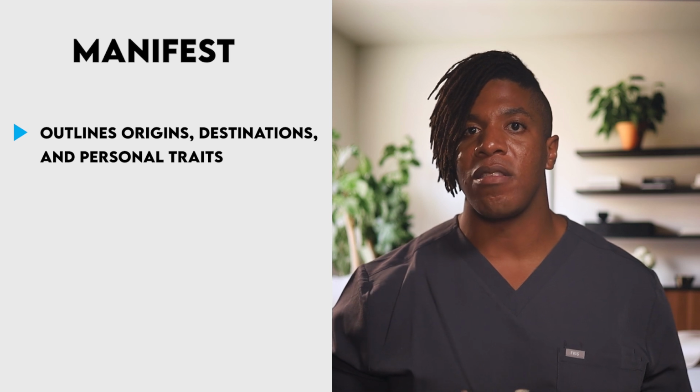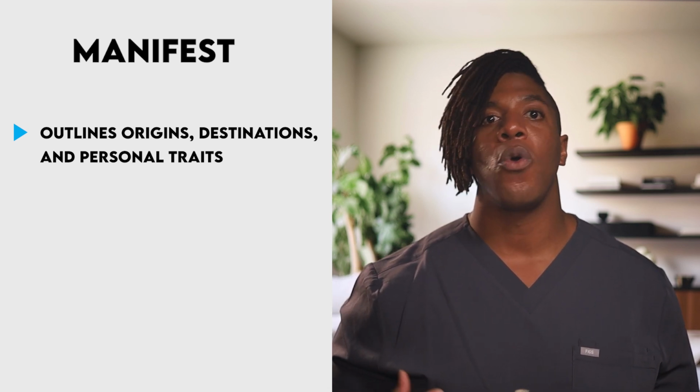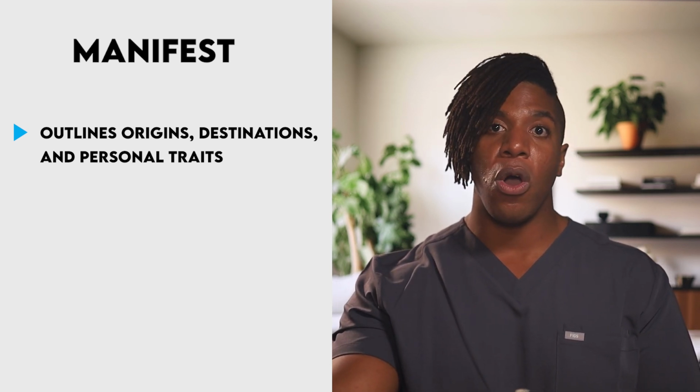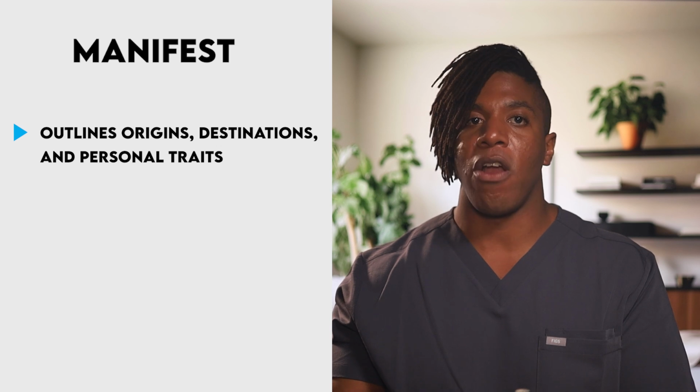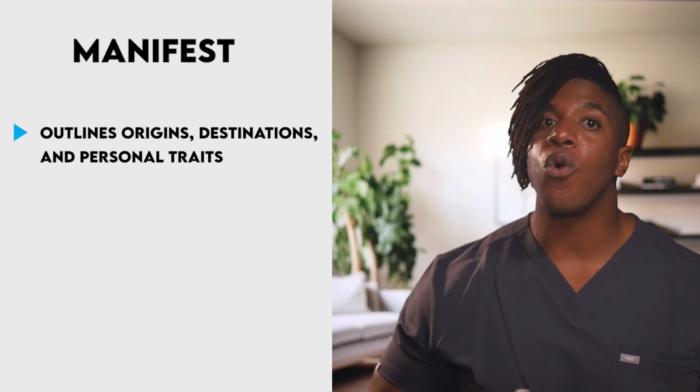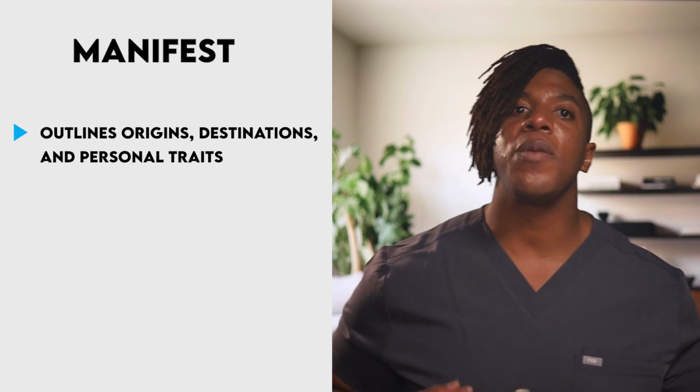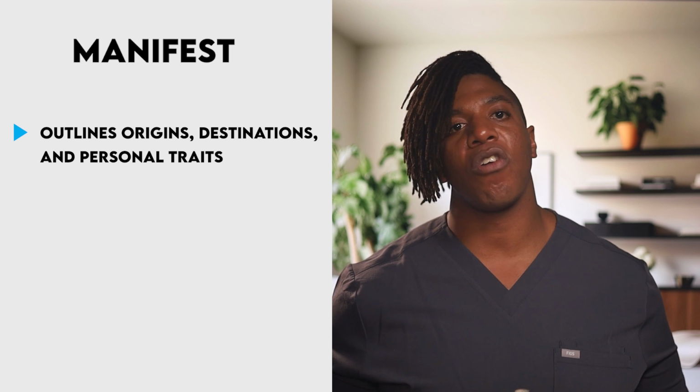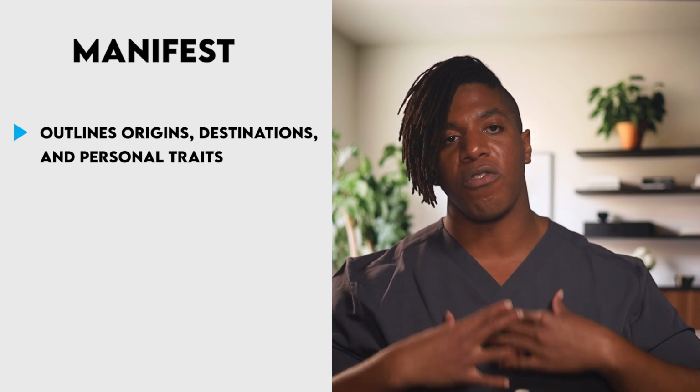For the purposes of this analogy, our personal manifest subjectively outlines where we came from, where we can possibly go, what baggage we're carrying, what skills we do or don't have, who we believe we are. These are all documented in our own personal manifest.